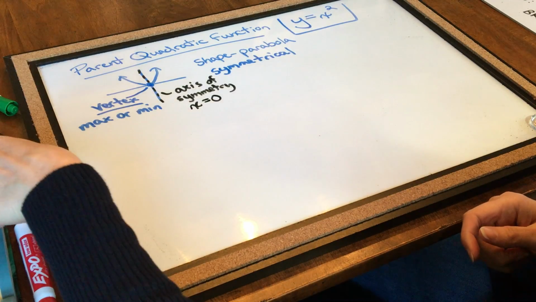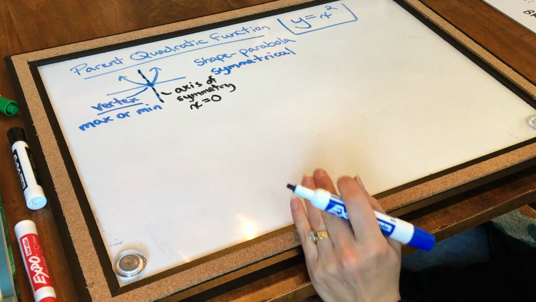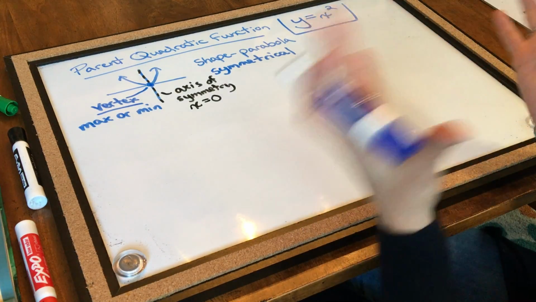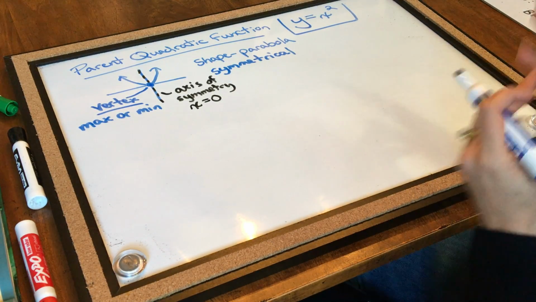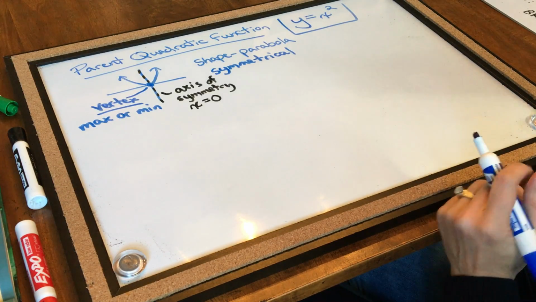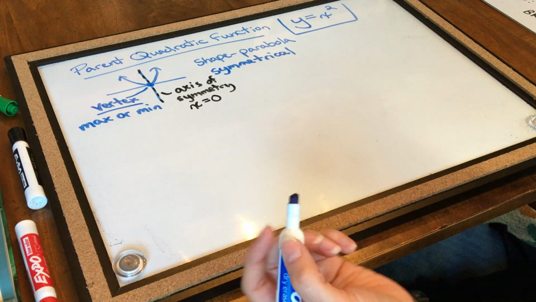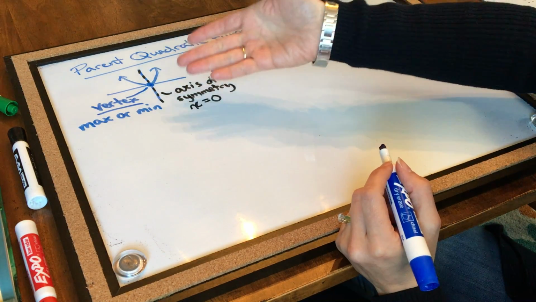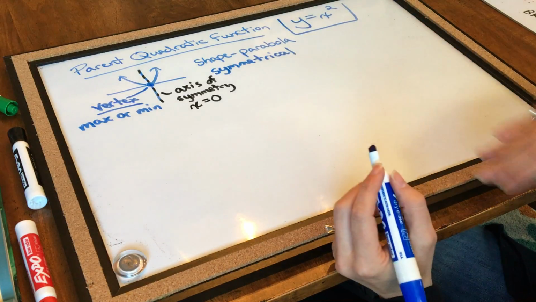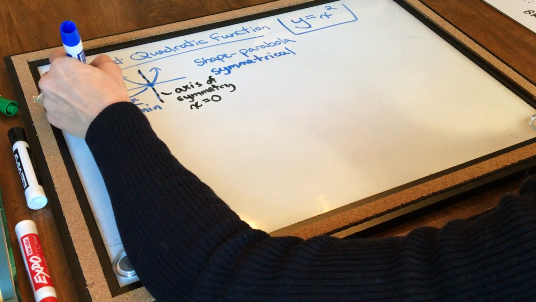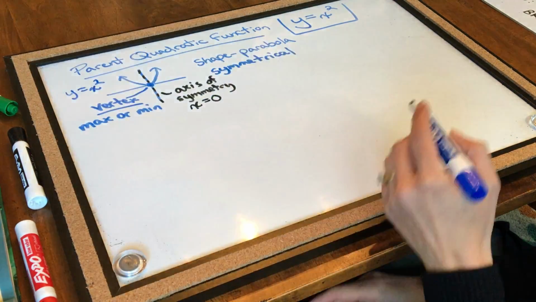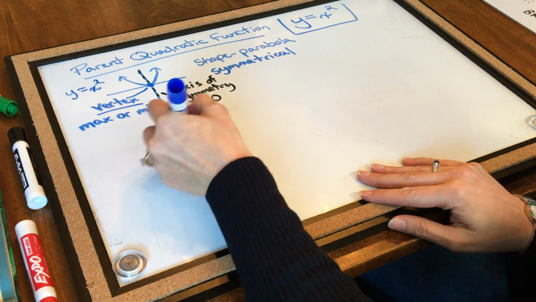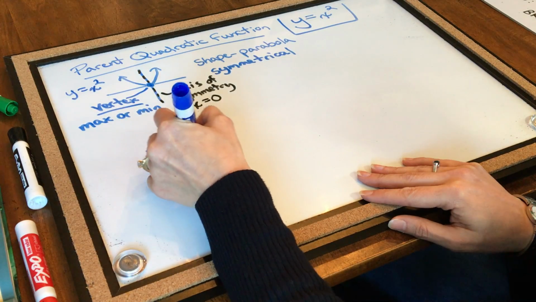So how can we make certain changes to our parabolas, and what can we do to give them different shapes? I want to take a look at a couple of options here. First thing I'm going to take a look at is how do we flip our parent function over? If this is y equals x squared, this is a happy face parabola. We've got kind of a smiley face. So how do we get the frowny face parabola?